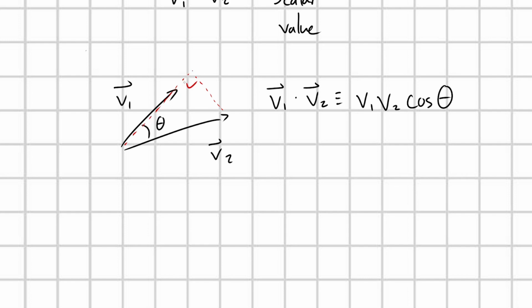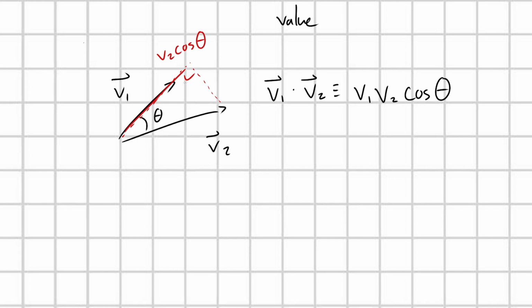So we've taken v2 and found its component in the v1 direction, or the projection of v2 onto v1. That's this first part, and then we just multiply it by the size of v1. So that's really the basic definition of a dot product.